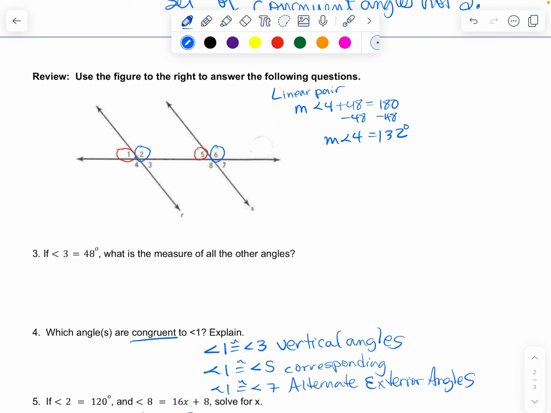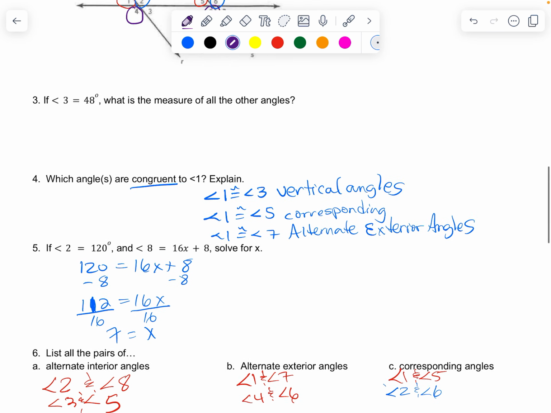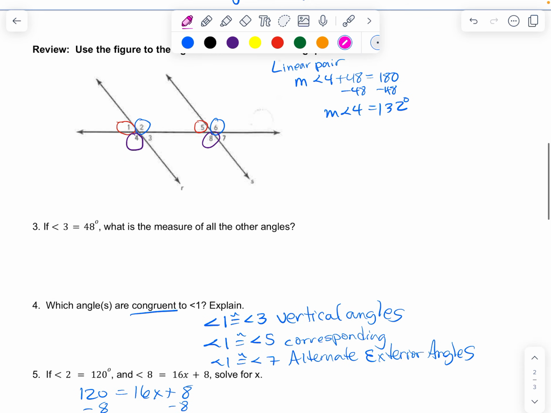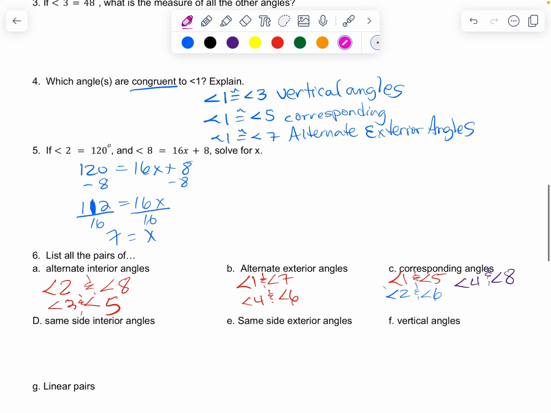Then bottom left, angle 4 and angle 8. And last but certainly not least, we have angle 3 and angle 7.